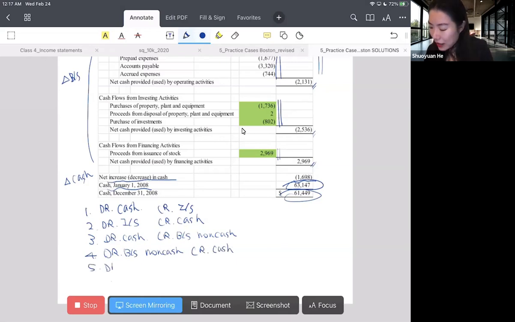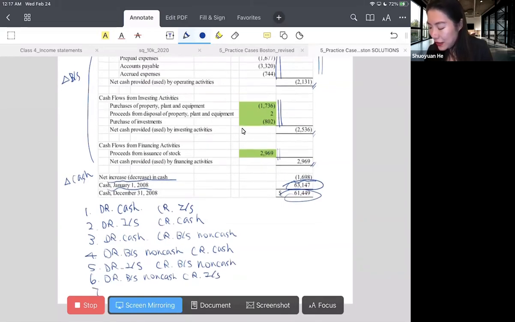or you debit an income statement account, credit a balance sheet non-cash account, or you debit a balance sheet non-cash account and credit an income statement account.